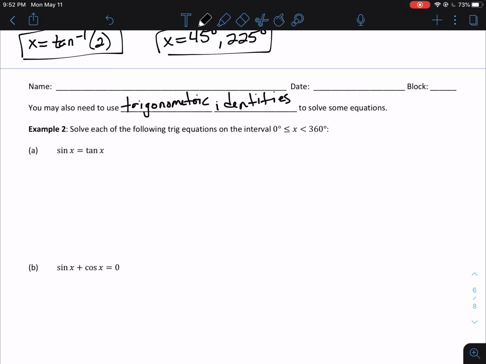All right, so on example A, we've got sine of x is equal to tangent of x. Let's just start by rewriting tangent of x as sine of x over cosine of x. And then let's do this. To make these fractions kind of work out nicely, let's put sine of x equal to 1. So now this equation will be true anytime the numerators and denominators are equal to each other. So if you're thinking about it, when does sine of x equal sine of x?